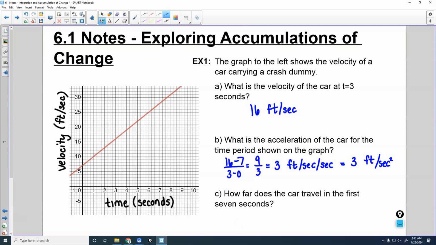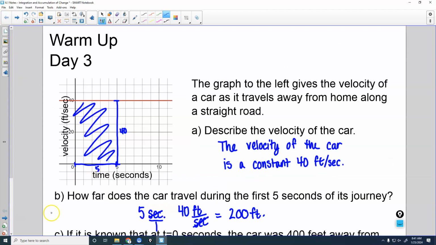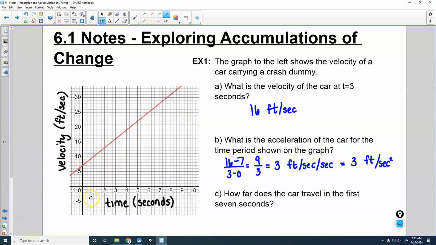What do you think? Okay, so on that last one, I pointed out we were doing 5 times 40, right? And that basically gave us the area. Because if we take velocity times time, feet per second multiplied by seconds, the seconds cancel.